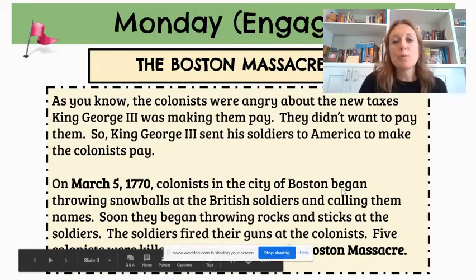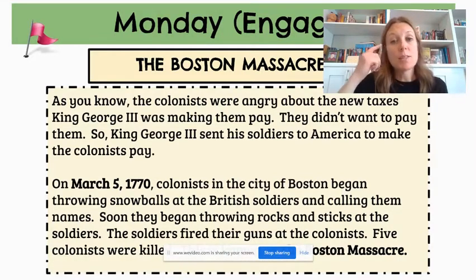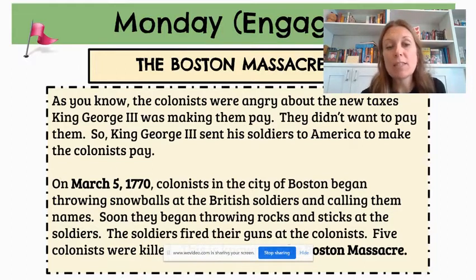All right, the first one is the Boston Massacre. So you know the colonists were angry about all these new taxes that King George was making them pay. So on March 5th, 1770, the colonists got angry because King George III had sent some soldiers over to make them pay the taxes. Well, the colonists did not like that, so they started to throw snowballs at the soldiers.